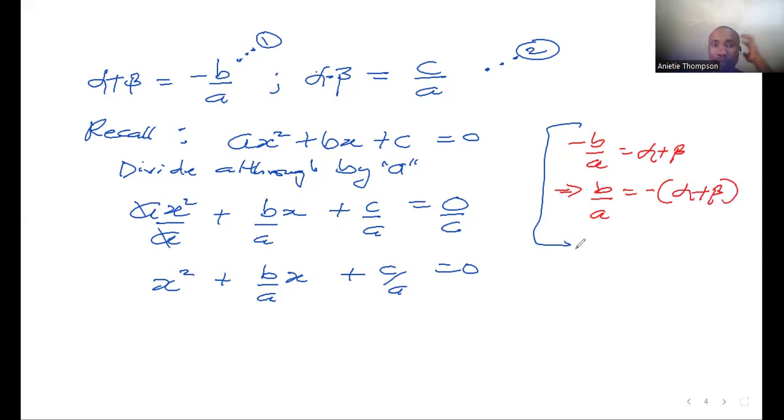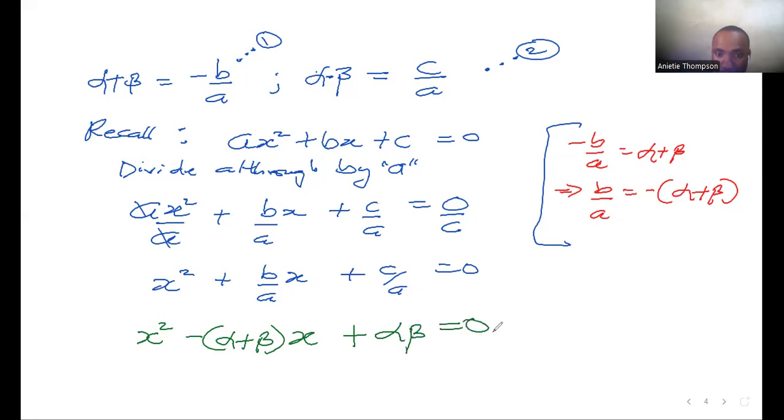Good. So I'm going to do that substitution, meaning instead of me writing this, I'm going to write this. I'm going to replace that equation with what you have there. I will say that x squared minus bracket alpha plus beta, which is the same thing as this, then x, then plus alpha beta, which is equal to 0.